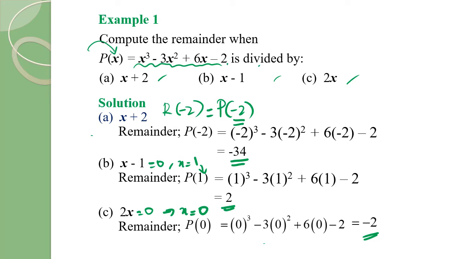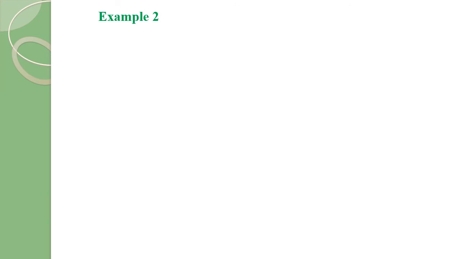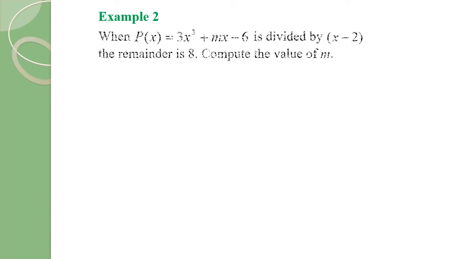Okay, now let's continue. For example 2, when P of x equal to 3x cubed plus mx minus 6 is divided by x minus 2, so this is our divisor, the remainder is 8. Compute the value of m.